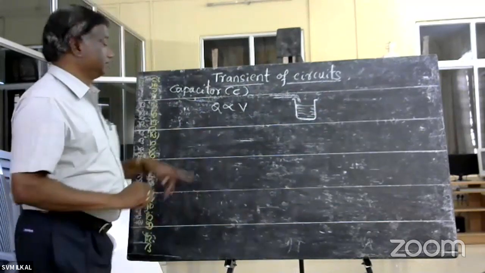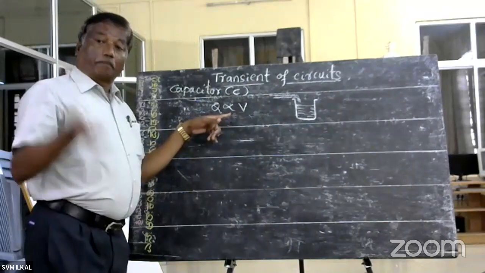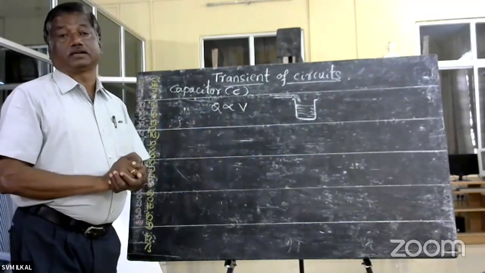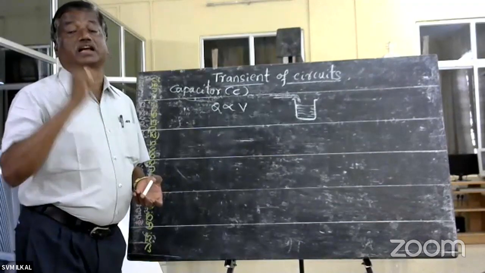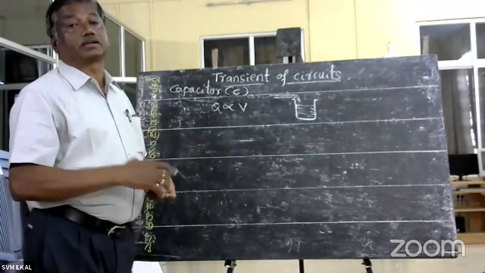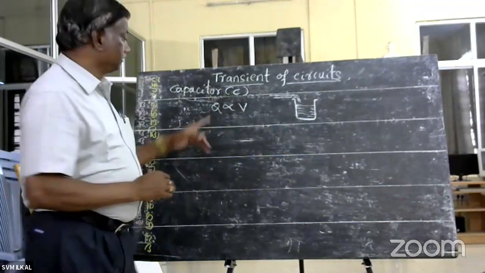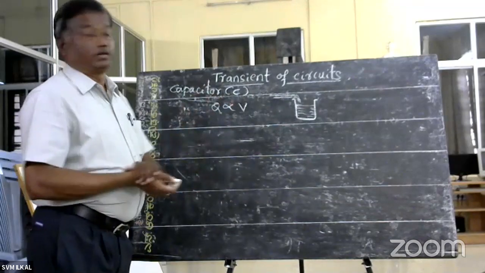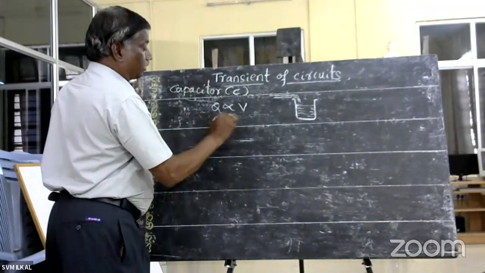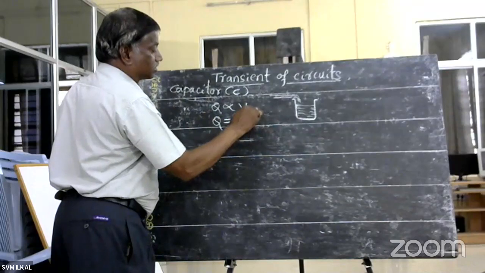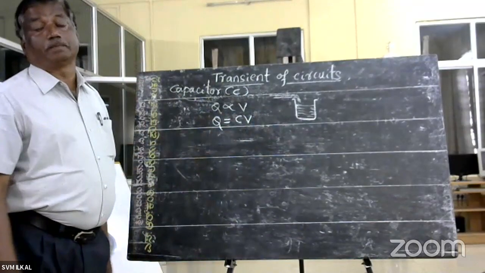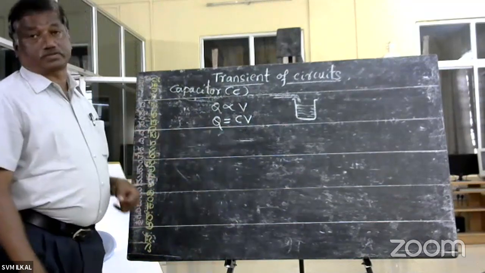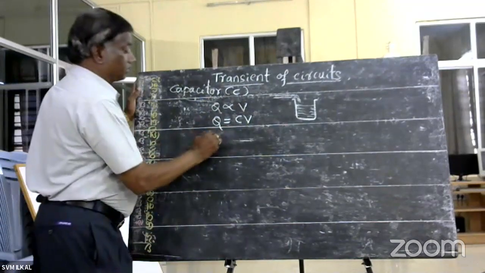Like that, here the capacity of the conductor depends on how much quantity of charge can be acquired by the conductor. That is Q proportional to V. For every proportionality there is a proportionality constant, that is Q equal to CV. C itself is called capacity of the capacitor or capacity of the conductor.